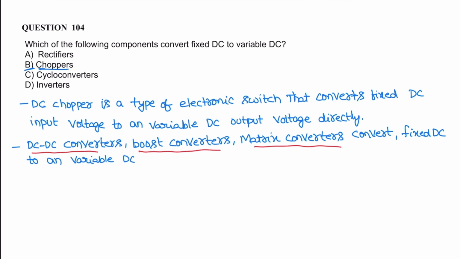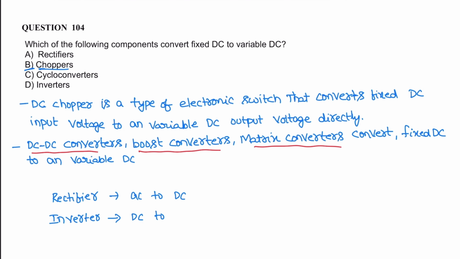Next, we will see about cycloconverters, inverters, and rectifier. So a rectifier converts AC to DC, whereas an inverter performs the exact opposite operation of a rectifier. It converts DC to AC signal.